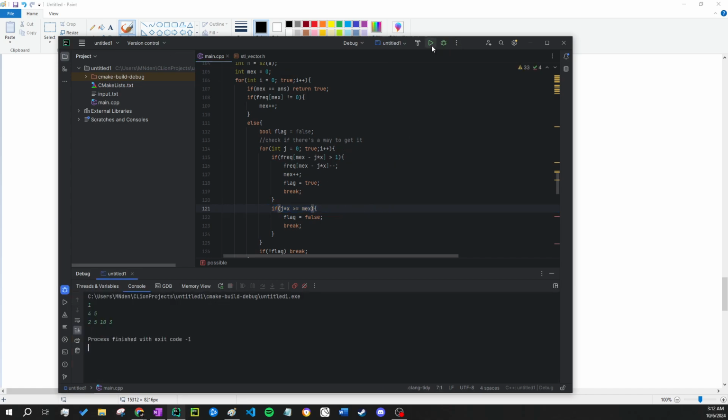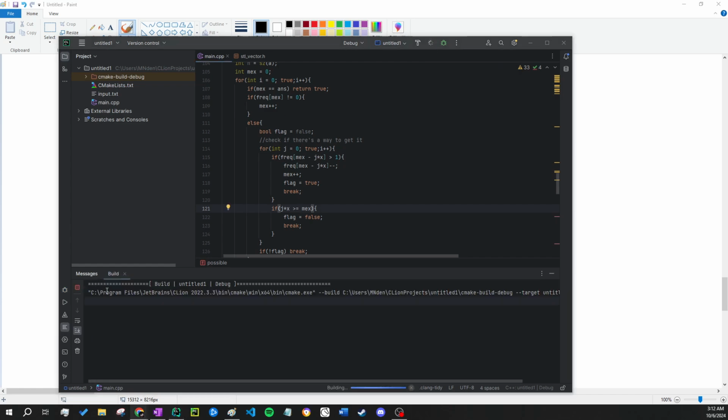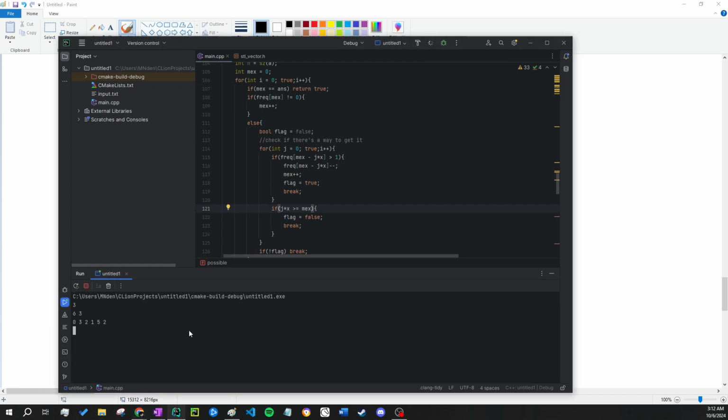And it's okay. I think that function is the problem itself, but we should not be doing that. And it stops here.